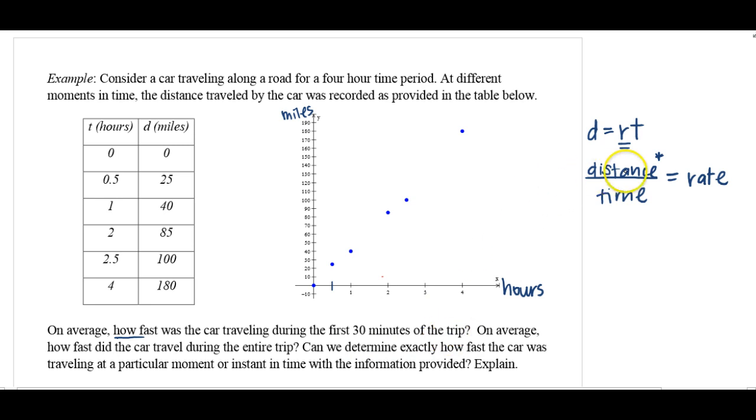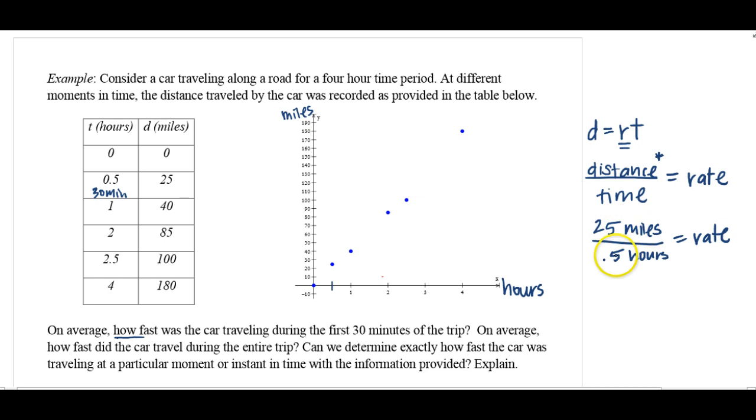So we have to know the distance traveled. Well, during the first 30 minutes, so remember that 0.5 corresponds to 30 minutes. So over the first 30 minutes, I started out at 0. I ended up traveling 25 miles. So my distance that I've traveled is 25 miles. And then how long that took me was a half an hour. So I'll put 0.5 hours.